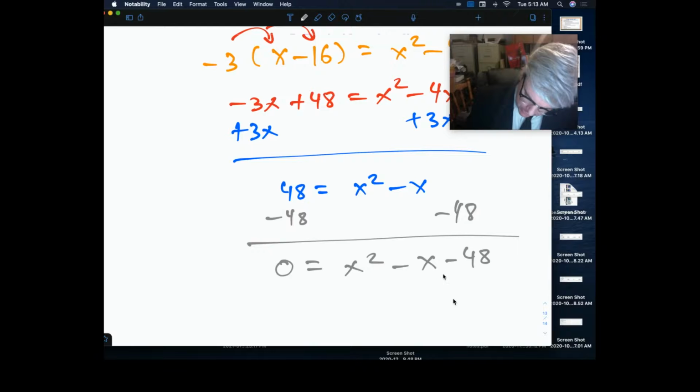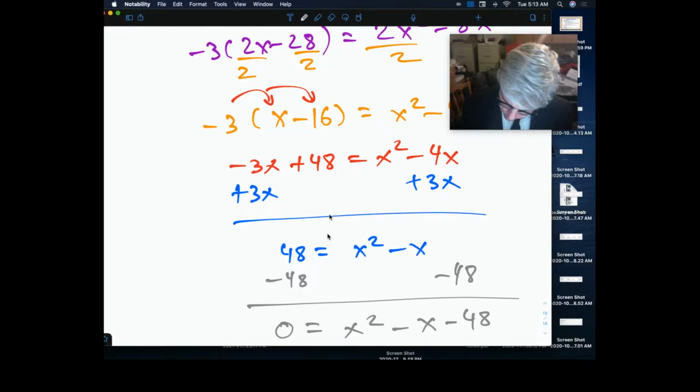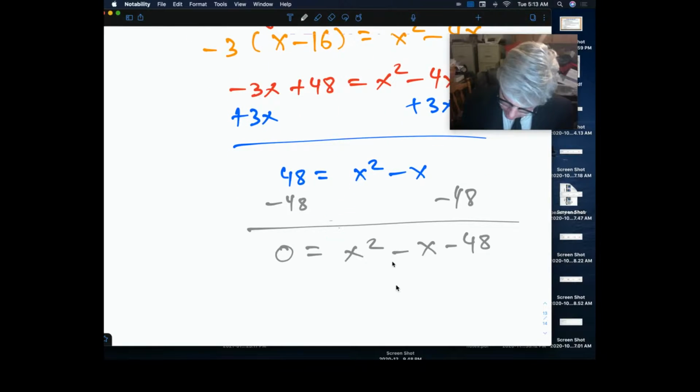That's the name of the game. Now, if I did this right, this is going to be interesting because that's not going to be anything pretty. Because 48 is 8 times 6.